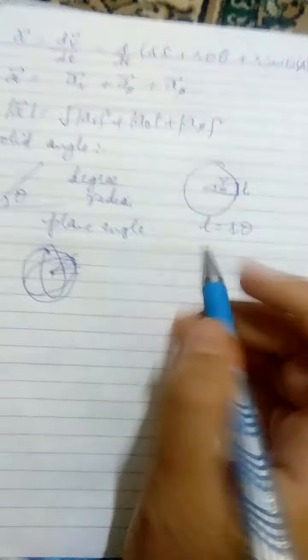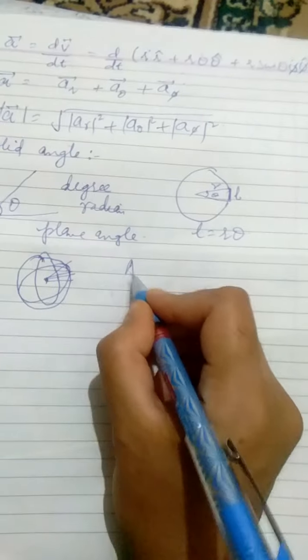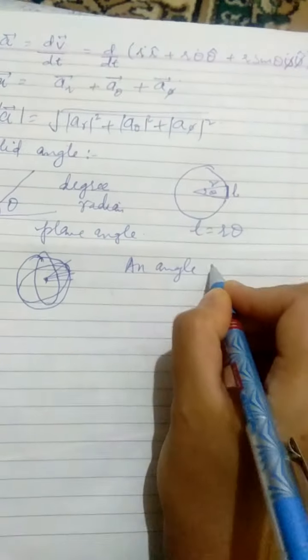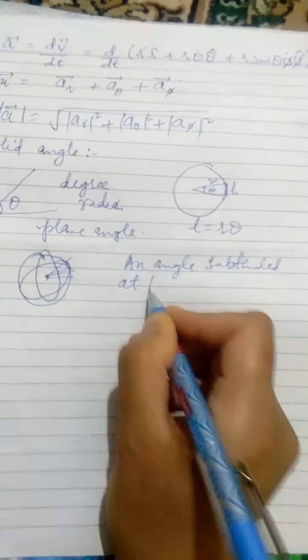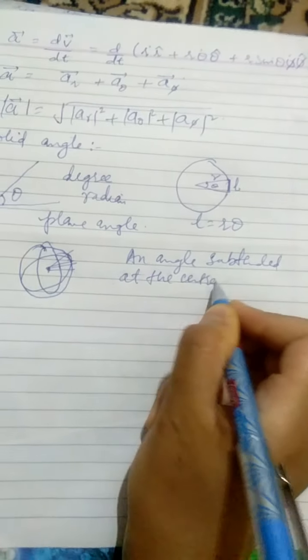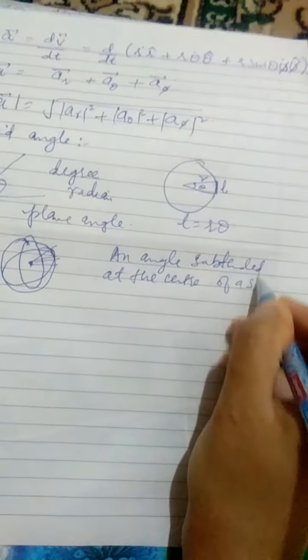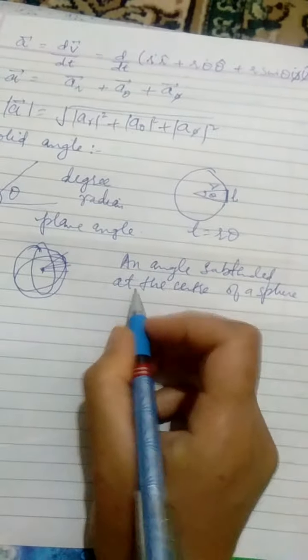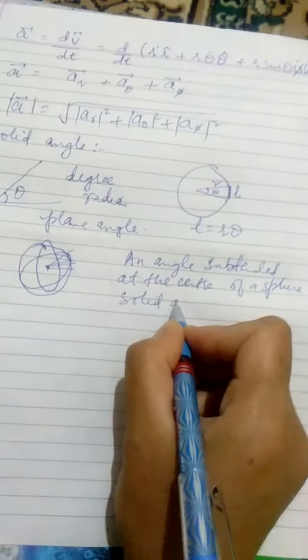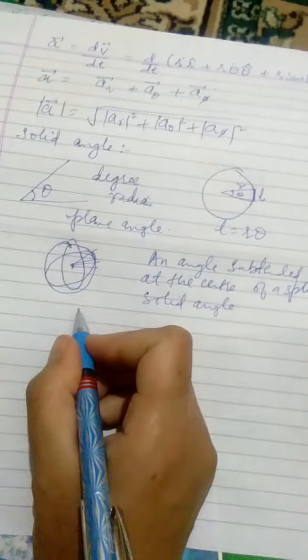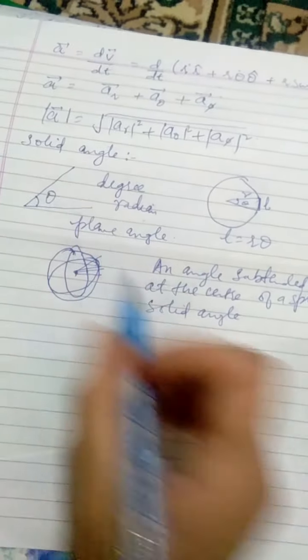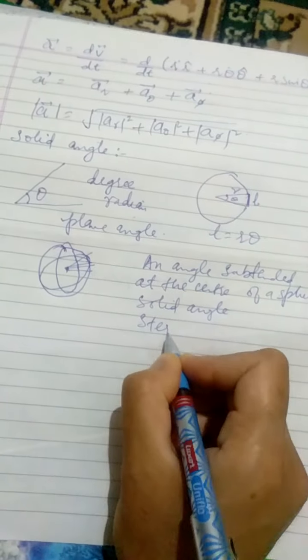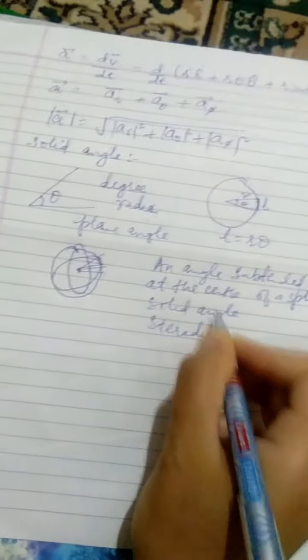So whenever you imagine an angle subtended at the center of a sphere, you call it a solid angle. It is not a plane angle. And while a plane angle is measured in terms of degrees or radians, this is measured in terms of steradians. And we'll define that.